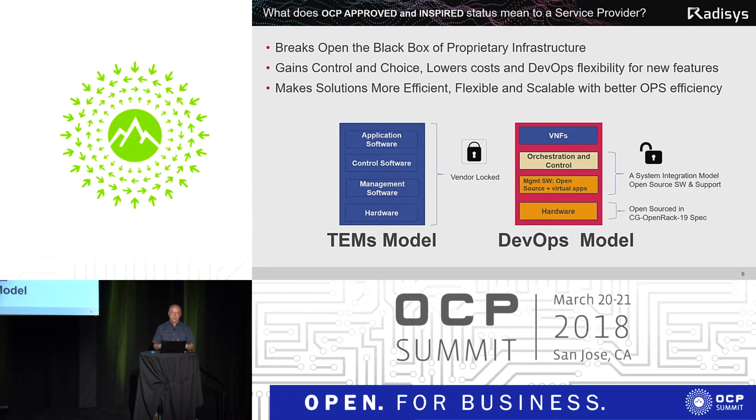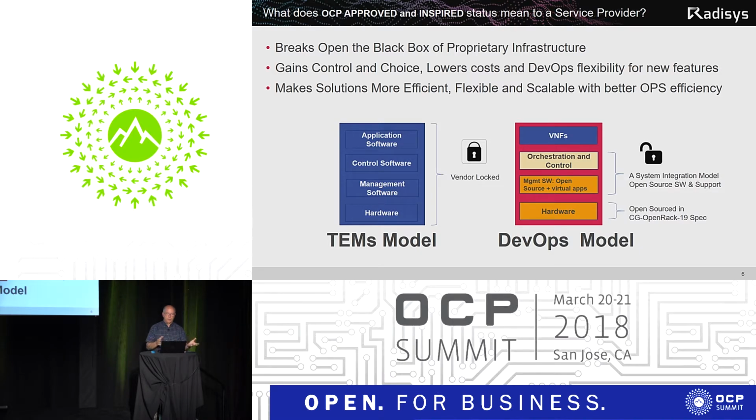Basically, since you're here at the summit, you already know about the benefits of the architecture. You're probably familiar with that. Open Rack and CG Open Rack 19, both of which are standards within Open Compute, are attractive because they unlock the system in many ways. They also break the connections between hardware choices and the systems running on it.